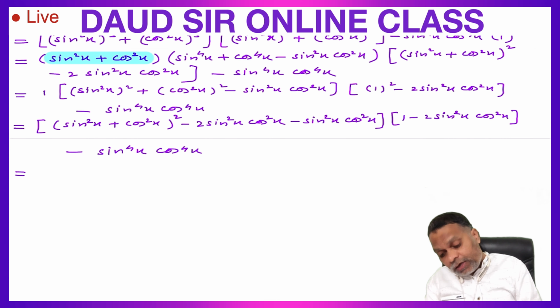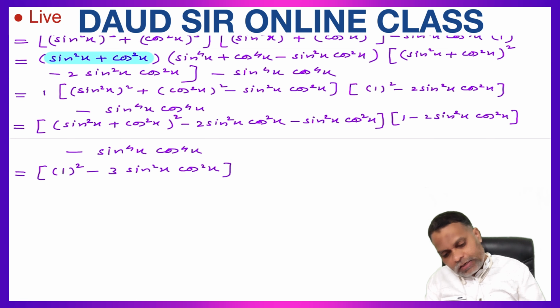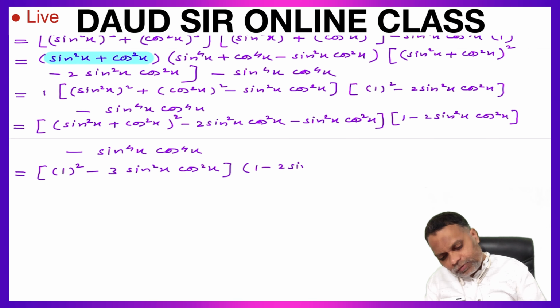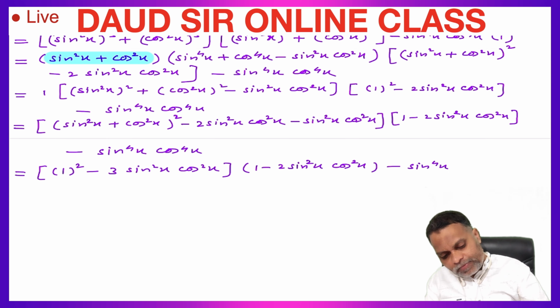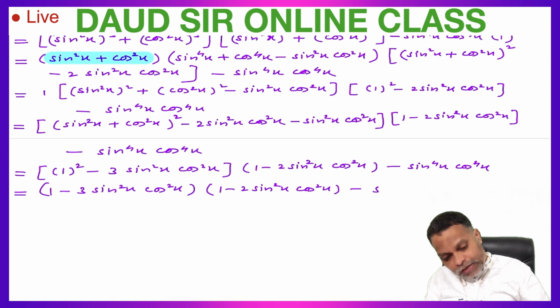Simplify this further. Sin square x plus cos square x, this is 1. So 1 square minus 2 sin square x cos square x minus sin square x cos square x, minus 3 sin square x cos square x, into 1 minus 2 sin square x cos square x, minus sin raised to the power 4x into cos raised to the power 4x, which is equal to 1 square, 1 minus 3 sin square x into cos square x, in this bracket 1 minus 2 sin square x into cos square x, minus sin raised to the power 4x into cos raised to the power 4x.